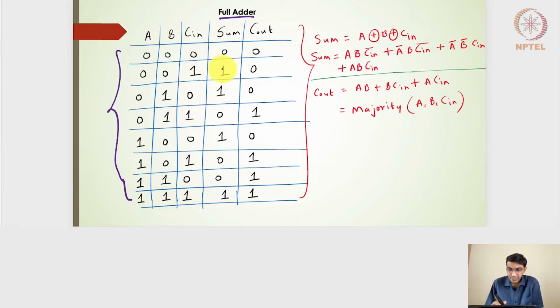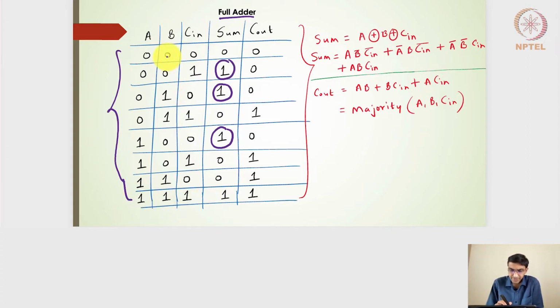And it's very interesting to find out for which input combinations the sum is actually 1. The sum is 1 here when the C input is 1 and the other two are 0, and the sum is 1 here when B is 1 and the other two are 0. The sum is 1 here when A is 1 and the other two are 0, and 1 here when all the 3 inputs are 1, right?